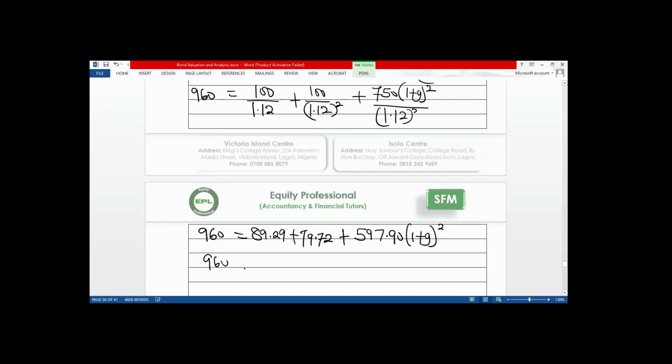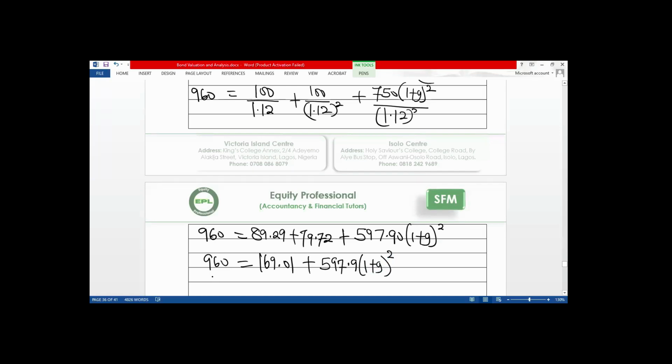Then your 960 is equal to, we can add this, 89.29 plus 79.72. That will give us 169.01 plus 597.9 into bracket 1 plus G raised to power 2.